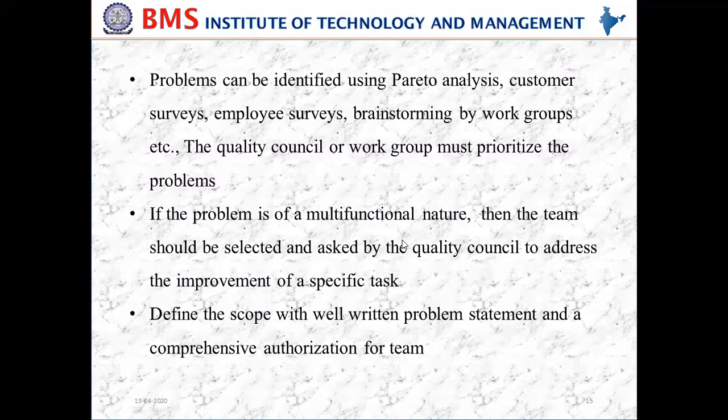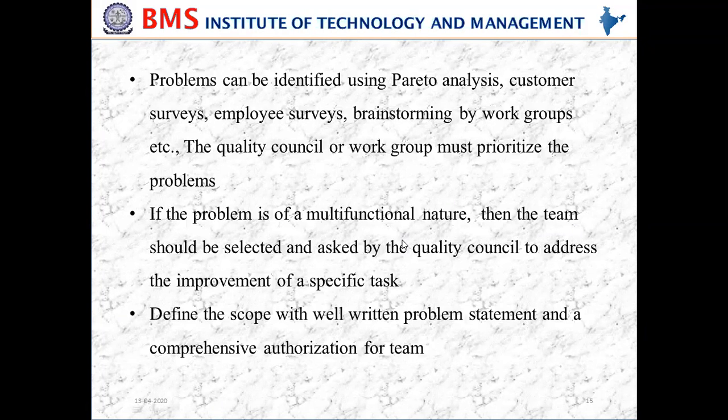If it is within the natural work team only, then it is not a problem. But if the problem is of multifunctional nature, then a multifunctional team should be formed, and the members have to be selected.